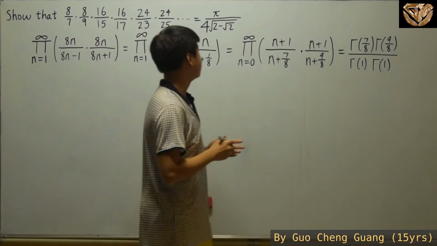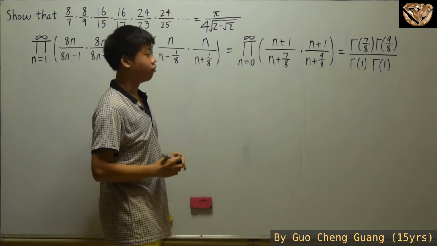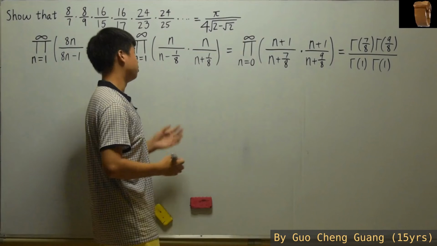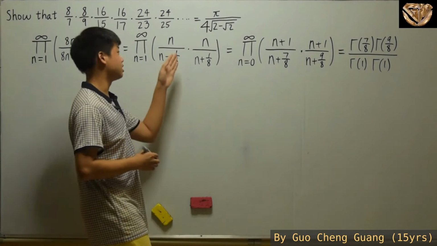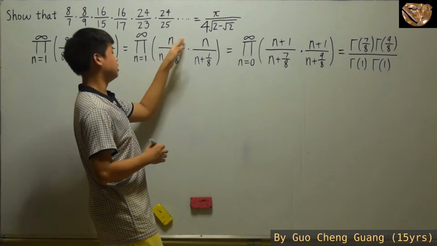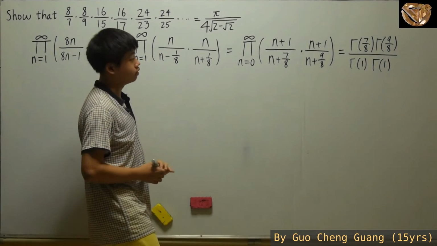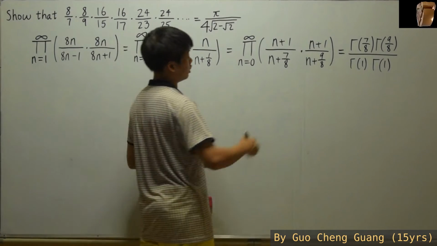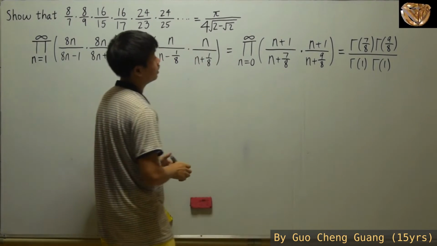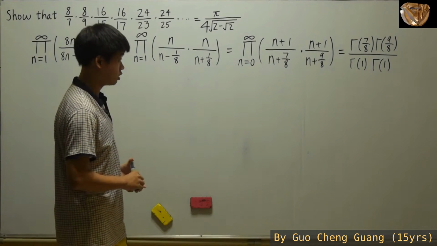Just now I said that sometimes they just stop at this step and immediately get a gamma form. In the numerator, let's say it is just n, which is technically n plus 0, so then you'll just add on another 1. Or you could just change it into this form and have that form of a product of gamma functions.